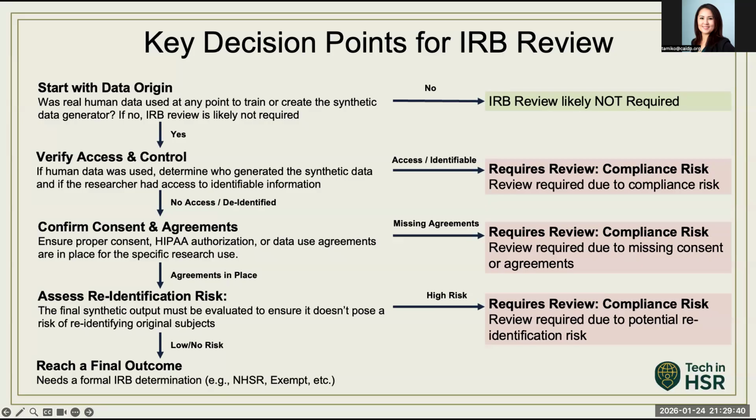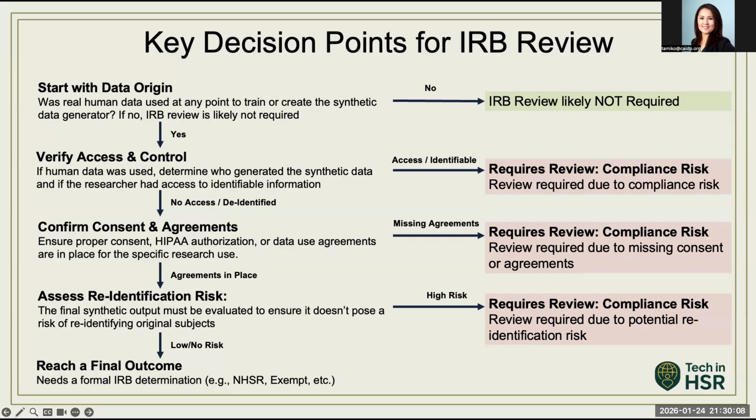And then ultimately, after you've asked all those questions, you would make your final determination. Some possible outcomes might be not human subject research, if no identifiable data was accessed in the generation of synthetic data. Sometimes it could be exempt, so long as 21 CFR is not applicable. But usually it's going to be IRB oversight under 45 CFR 46.